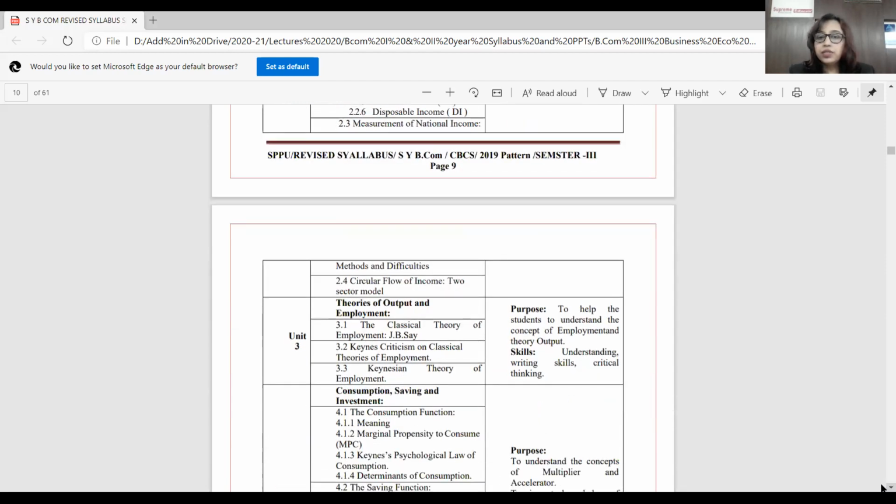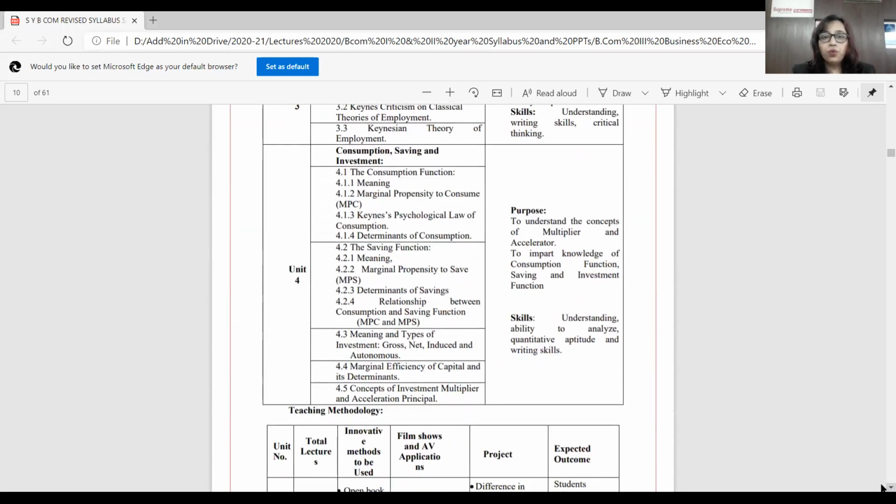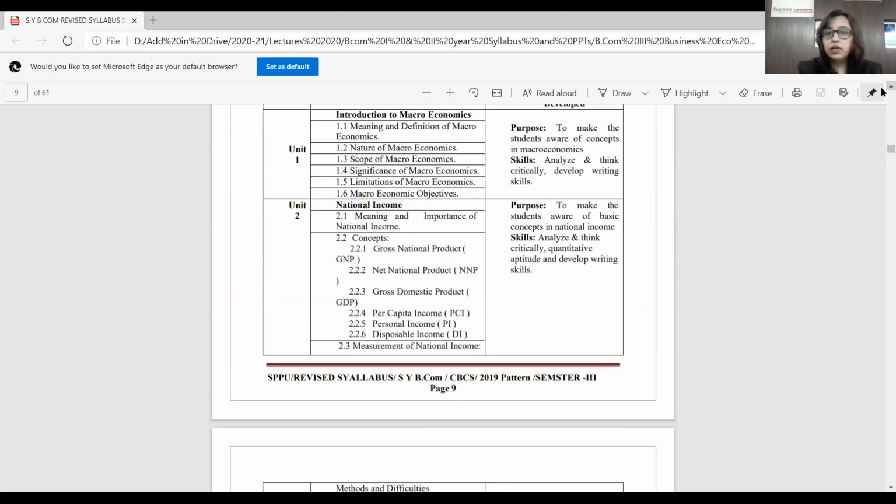In your third unit, we'll study theories of output and employment, like the classical theory of employment, Keynes' criticism of the classical theory of employment, and the Keynesian theory of employment, like consumption and saving functions. In the fourth unit, we'll be studying saving functions, types of investments, etc. So this is your syllabus of your third semester for business economics. Let's now proceed with your presentation.